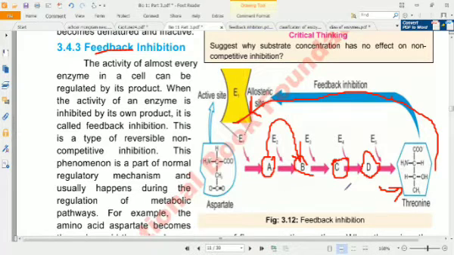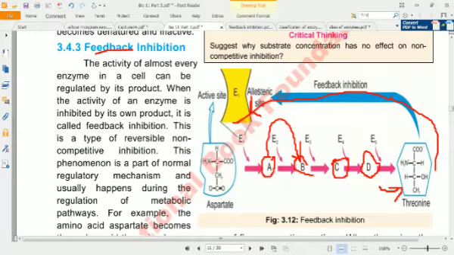So it is called feedback inhibition, because from the back the product inhibits the process. This also has a very helpful and useful role in regulating enzyme activity.